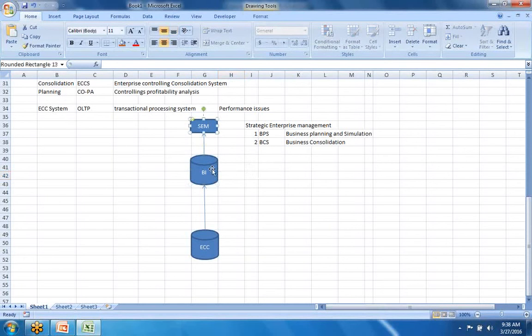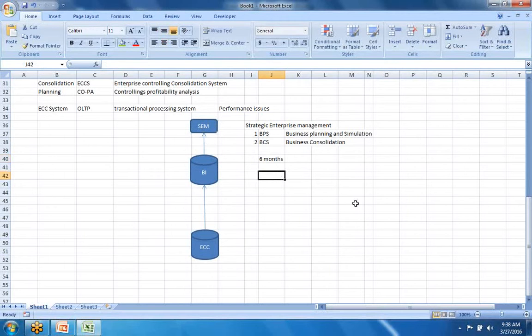And the higher releases of both these products were released by SAP with a gap of 6 months between the two releases. So the business users have to wait for the new release of BI to upgrade the SEM system. So that was the issue.